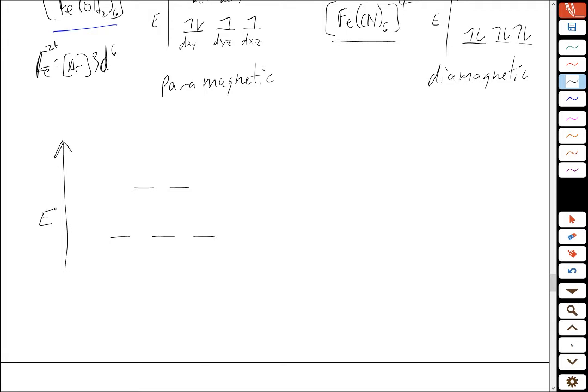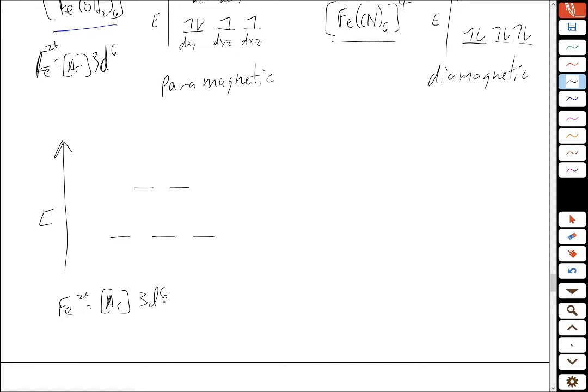Okay. And we're talking about, again, iron 2, which is argon 3d6. And we've seen that there are 2 arrangements for argon 3d6.